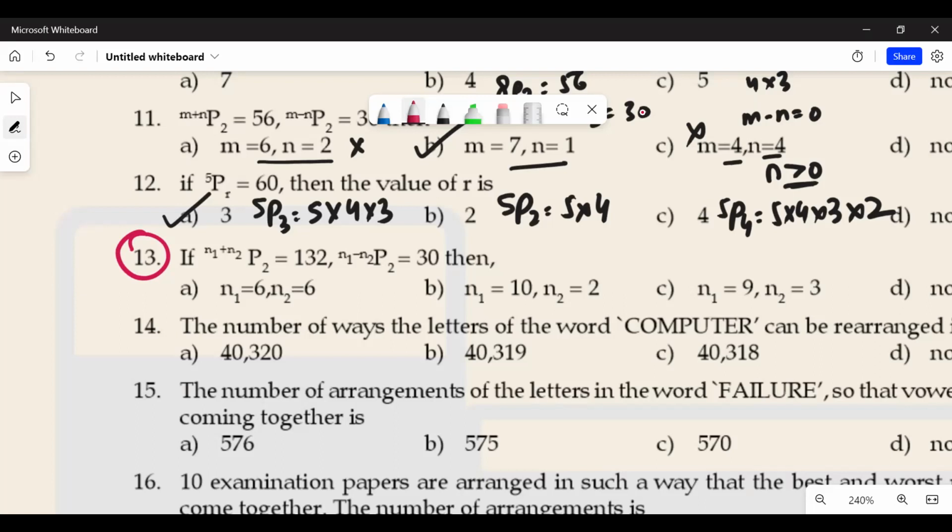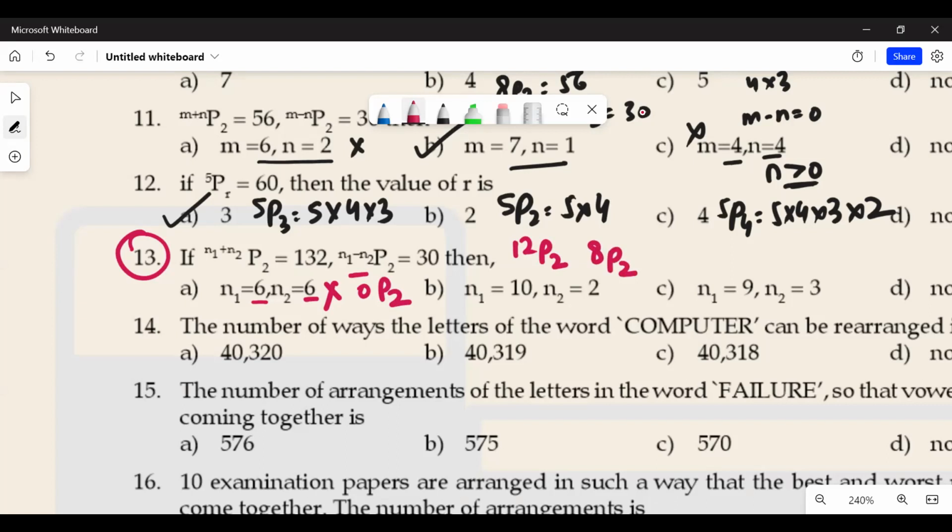Use options. 6 plus 6, 12. The problem is that here this becomes 0. 0P2 is not possible. Try this: 12P2 and 8P2.